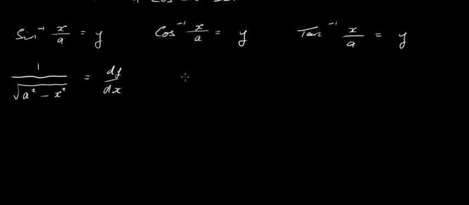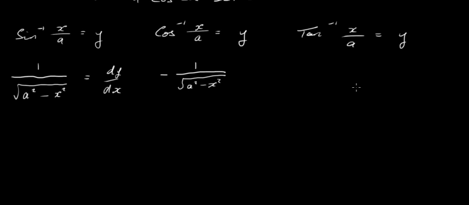Here, this is cosine, so that's going to be minus, and then it's 1 over, again, the square root of a squared minus x squared. Okay, so the only difference between these two is the sine is plus and the cosine one is negative.